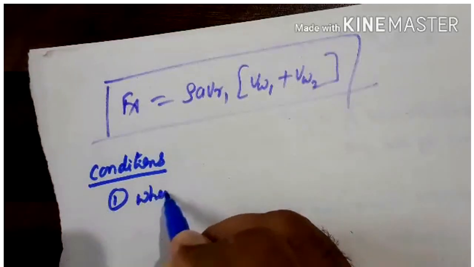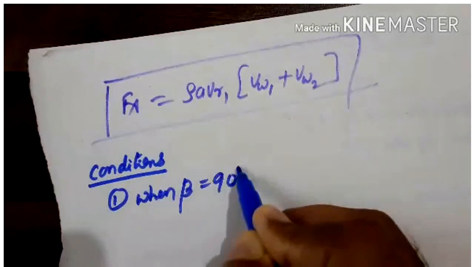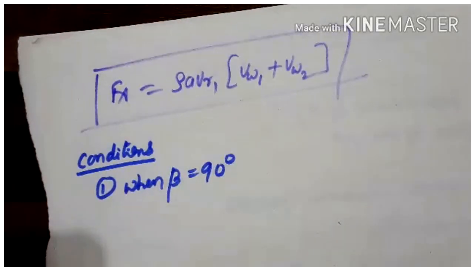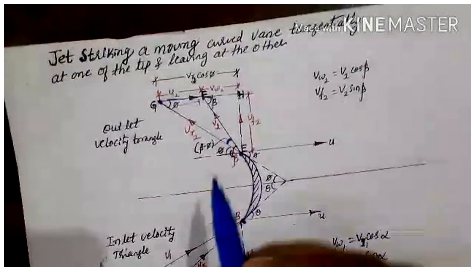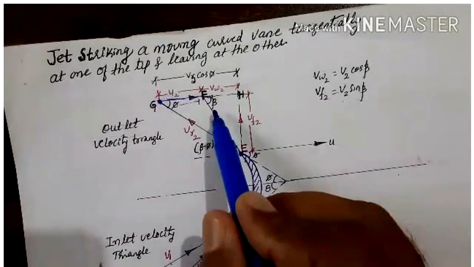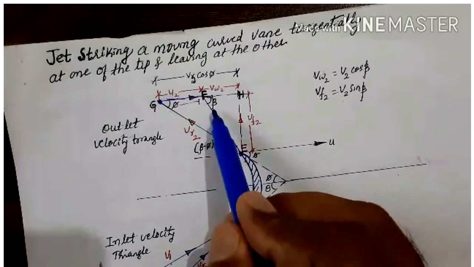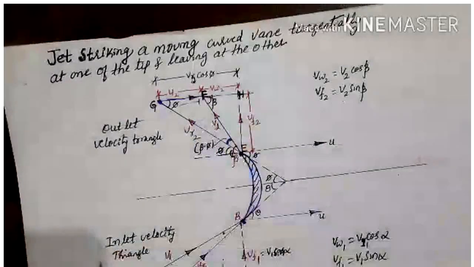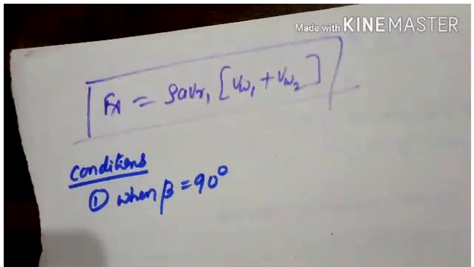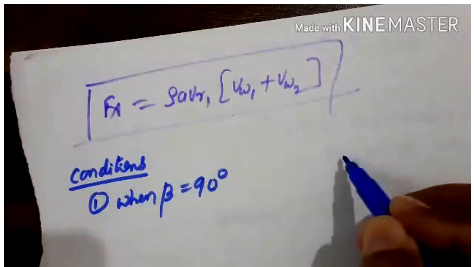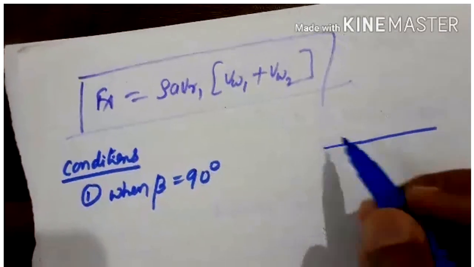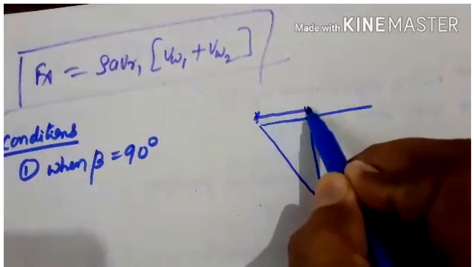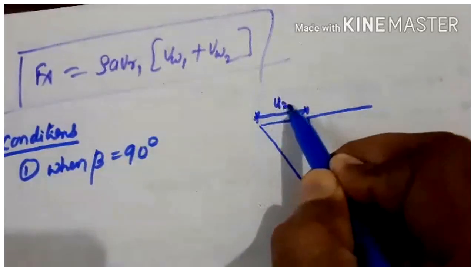Then the conditions to be considered. Condition 1: when beta equal to 90 degree. Just look at this figure. If you take the angle beta here, this angle beta is an acute angle. When it becomes 90 degree, I will draw it here, it looks like this. This is U, that is U2 we are taking at outlet.